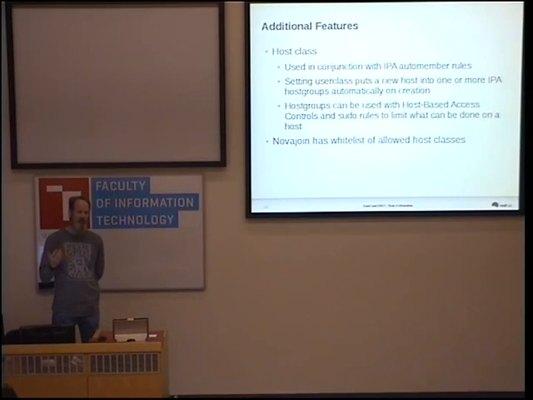Now you can assign host groups to HBAC and host groups to sudo rules. So basically, you can lock down this new instance as soon as it comes up. So only maybe certain people can log into it, or maybe once they log in, they can only run certain sudo commands, or any number of different things.